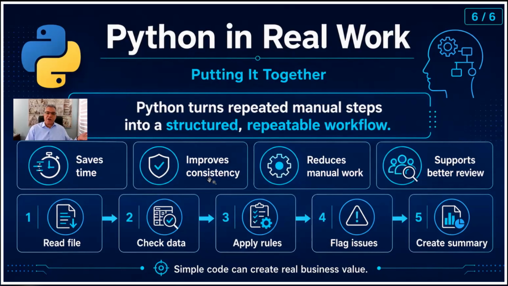But with Python, it will be done exactly the same way. And the third benefit of using Python is reduced manual work, because can you imagine how long it would take to go through all of this analysis? And then the last item, support better review.